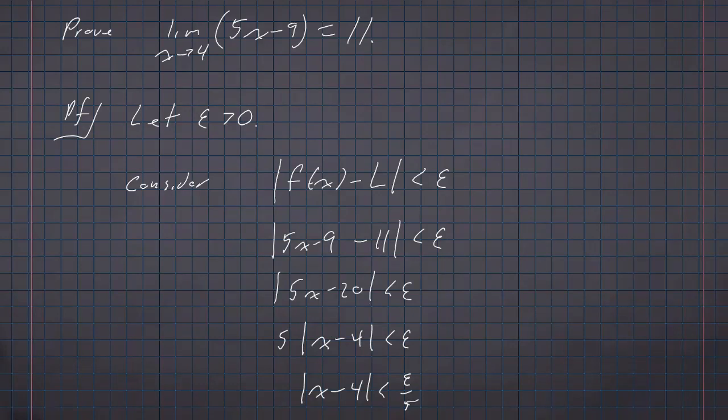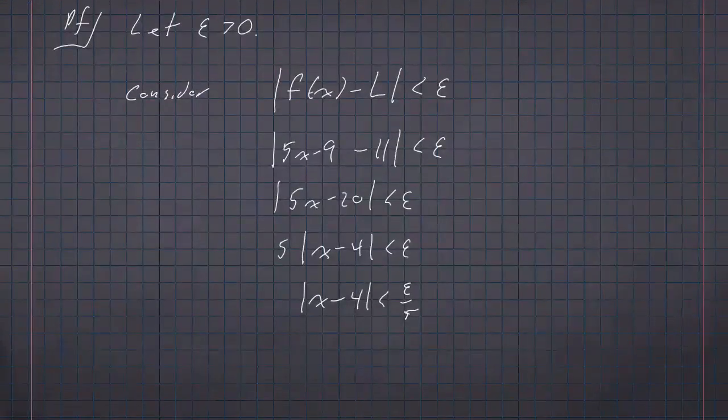So we get that the absolute value of x minus 4 is less than epsilon over 5. And that epsilon over 5, let me try writing that a little bit higher on the screen where it actually comes out legibly, will serve as our value of delta.